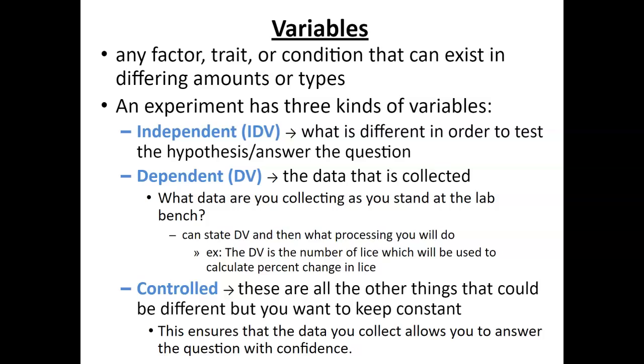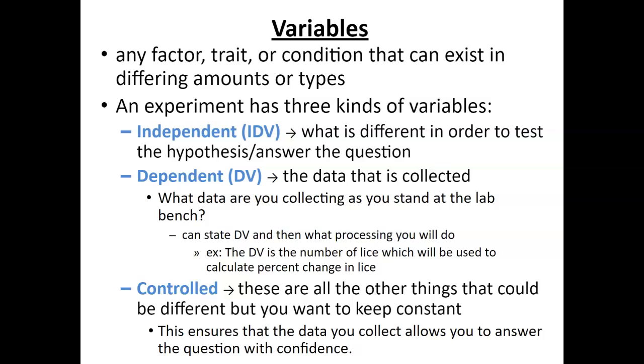It's important that you report this as the data that you're actually collecting. Whatever you're standing at the lab bench collecting immediately is your dependent variable. If you had to do math to get there, that's not the dependent variable. That means you processed the data. It's okay to state both as long as you clearly state the dependent variable.